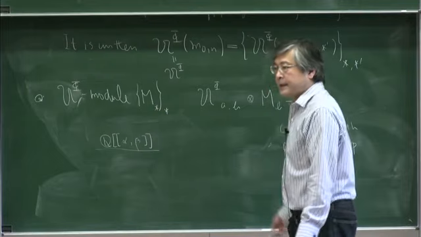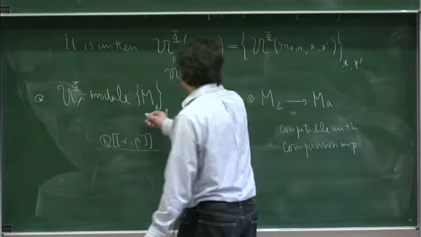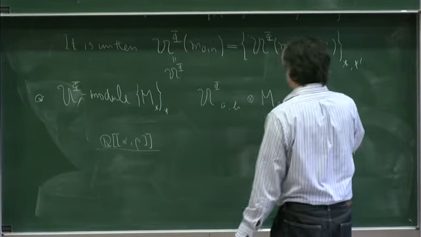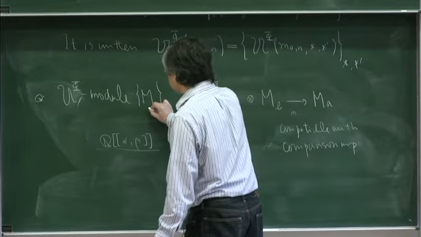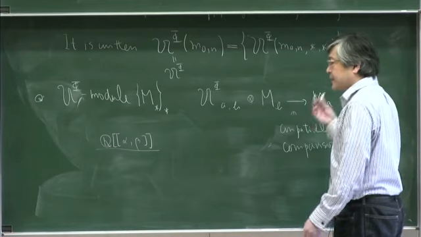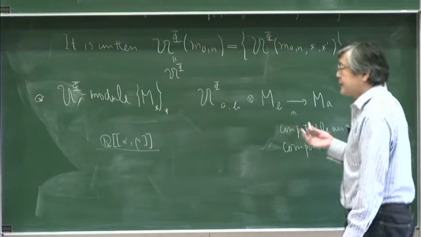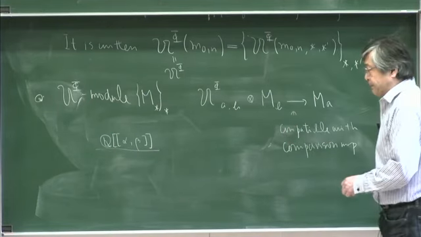So what's the definition of M, a module? The definition of M is a system of objects in C which has this action and which satisfies the associativity relation. This is the definition of U phi module.